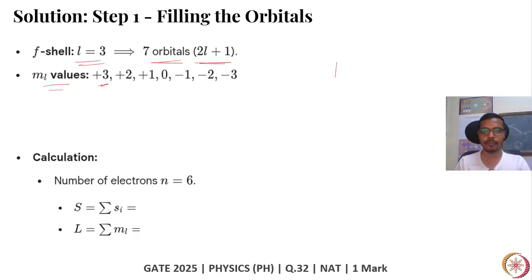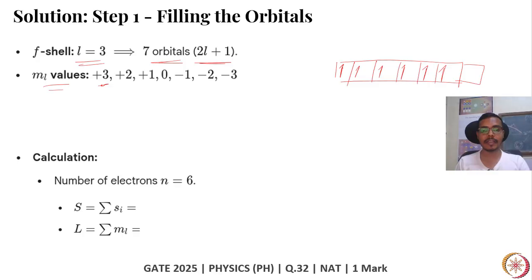So for the f shell, we can place 6 up arrows in the first 6 boxes.